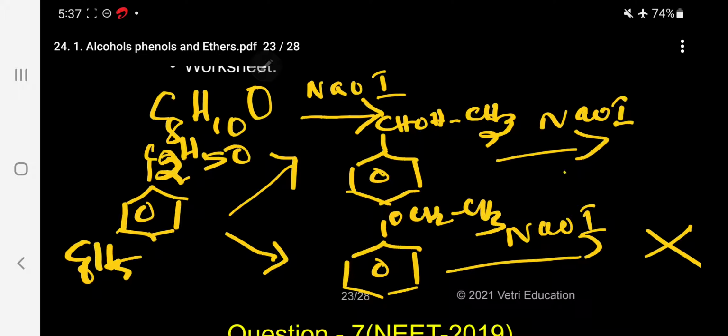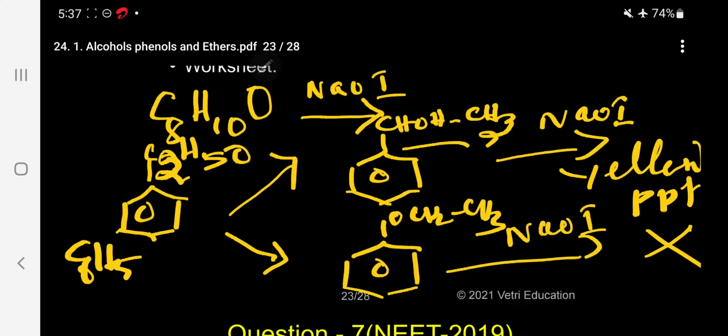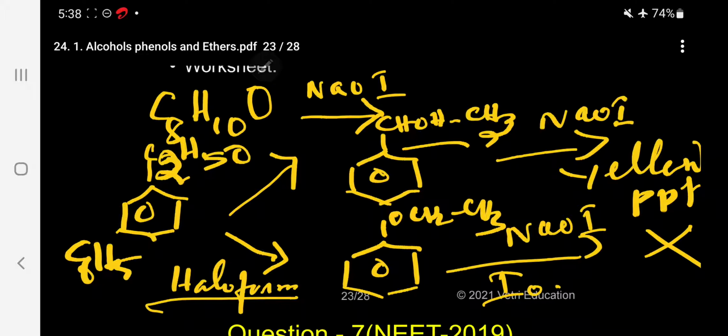This one will give the yellow precipitate. Why? I will tell the trick now. Here comes the haloform reaction, or specifically the iodoform reaction.